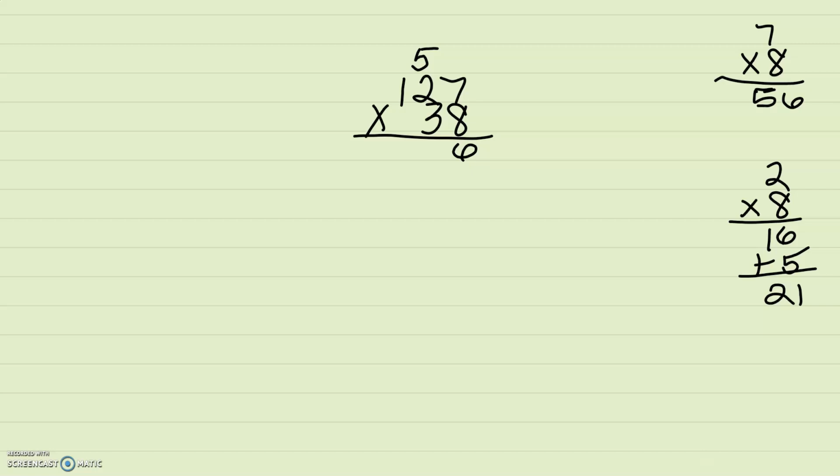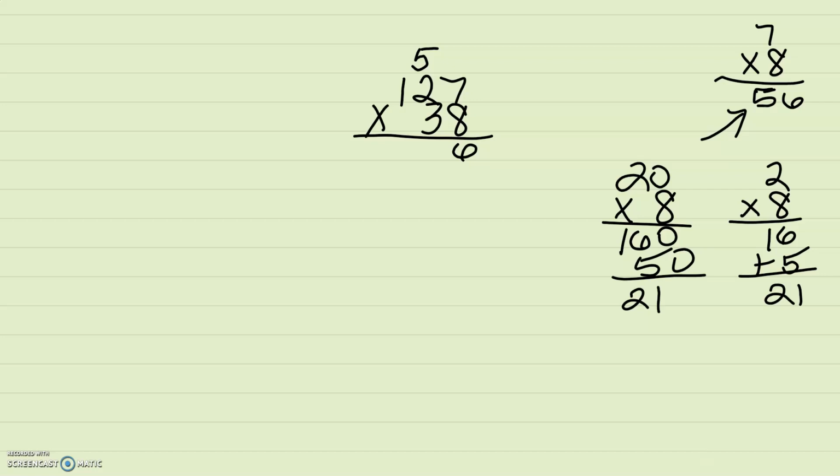And the reason is because the 2 that we multiply times the 8 isn't a 2 from the ones place, it's a 2 from the tens place. So really this was 20 times 8, which gives us 160. And then we added that 50 that we regrouped from this 56. So it's really 210.